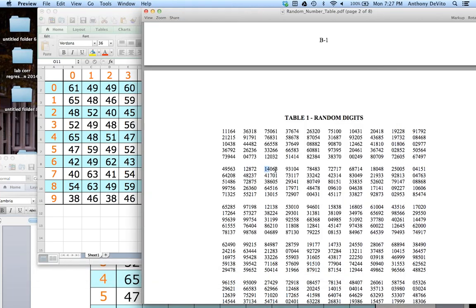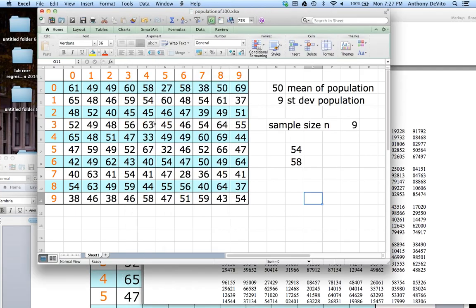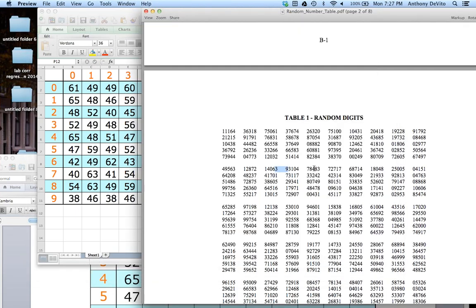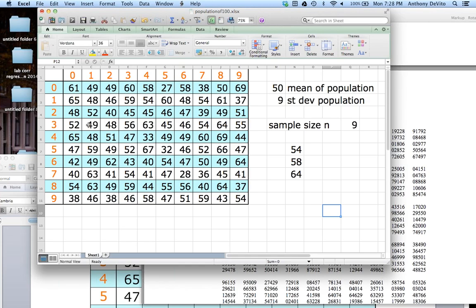The next number would be 39. Okay, see, I'm going right across the row there, 39. Third row, ninth column would be 64. The next one would be 31 and then 04. 31 would be 49, and 04 would be 58.